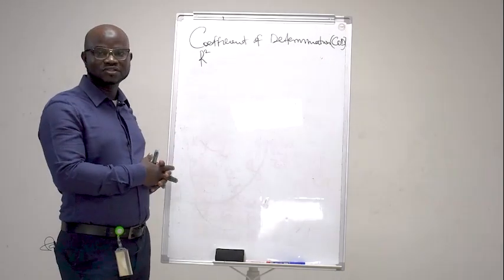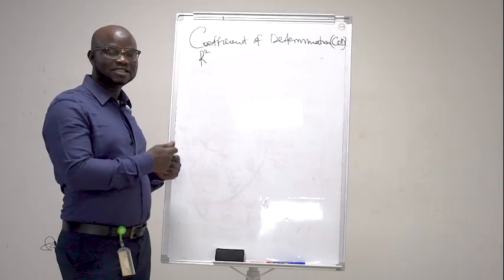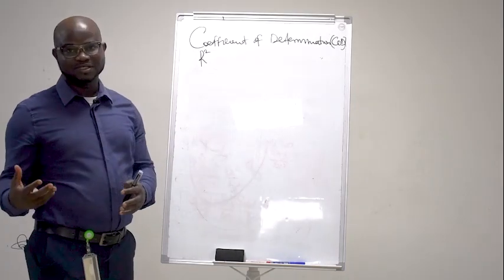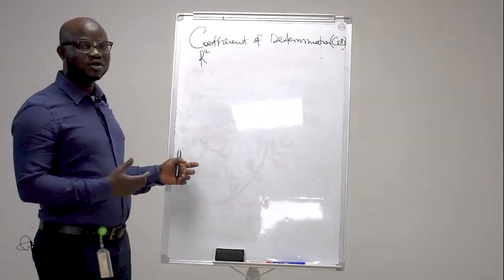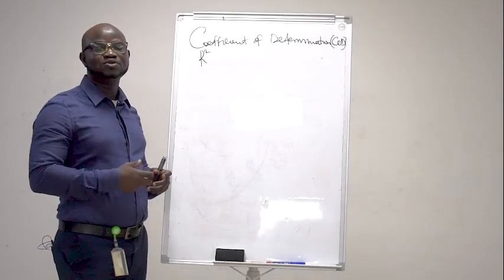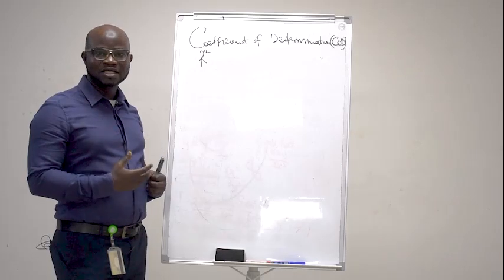But if it is multiple regression analysis, we say it's the percentage in the explained variable being explained by all the explanatory variables, and it's also called the goodness of fit, which is used to determine how fit your model is.